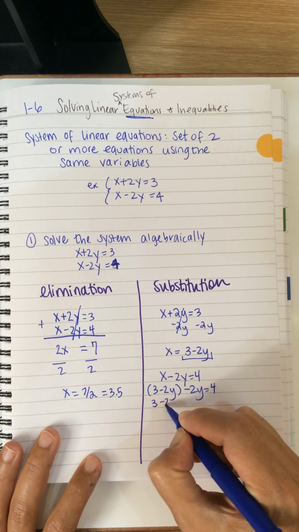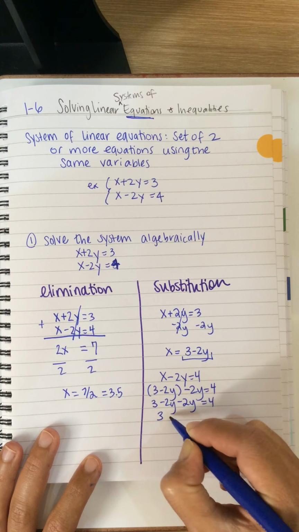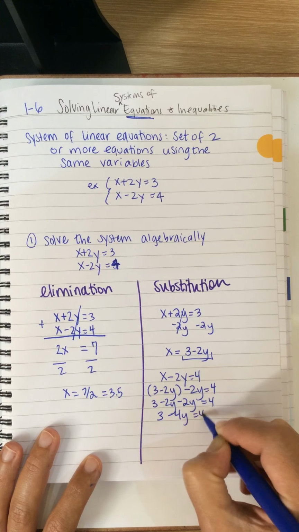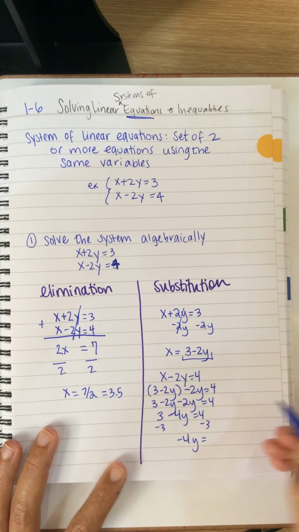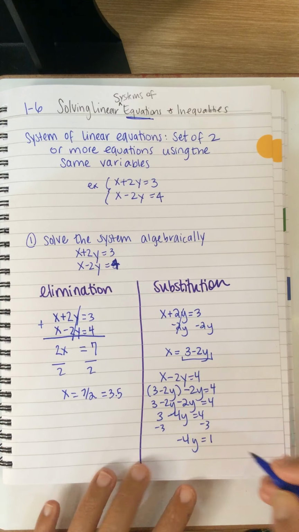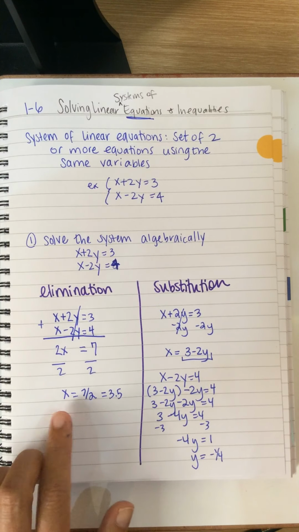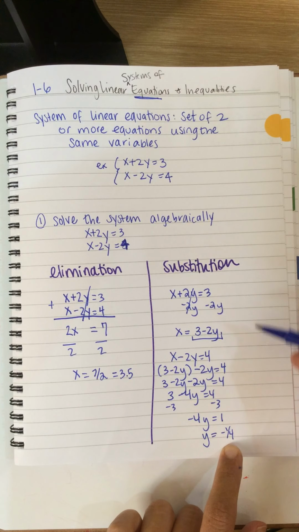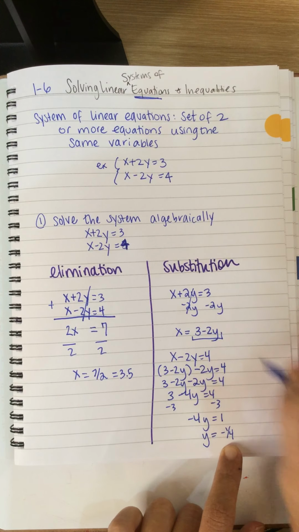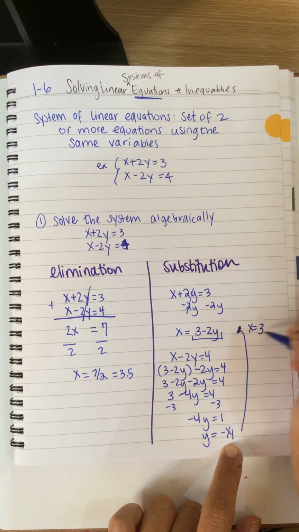Okay, now let's solve that. We end up with 3 minus 2y minus 2y equals 4, which becomes 3 minus 4y equals 4. Move that 3 over. I have minus 4y equals 1, and y equals negative 1/4. I realize I only solved part of the equation here, but we'll go back. So now when I plug that in here, I can figure out what x is, so let's substitute that back in. And x equals 3 minus 2 times negative 1/4.